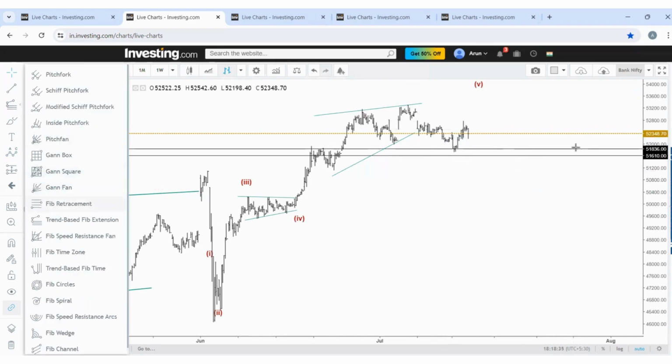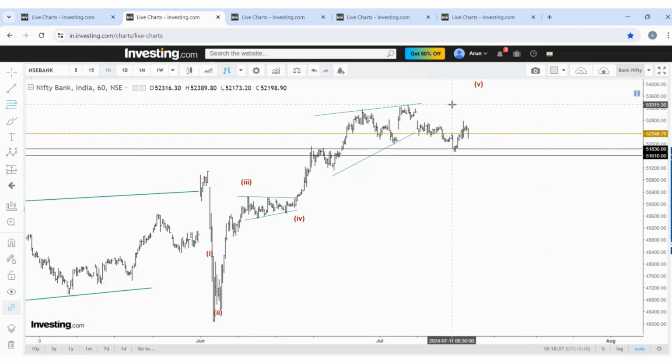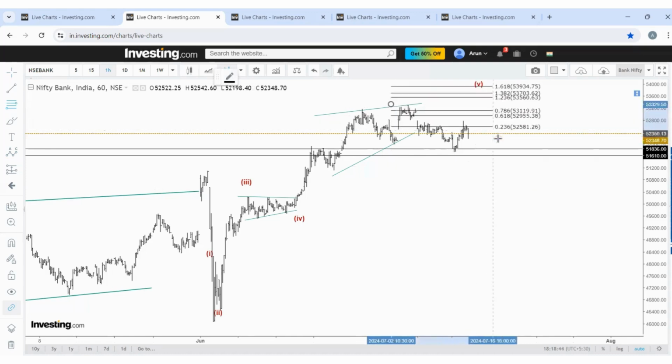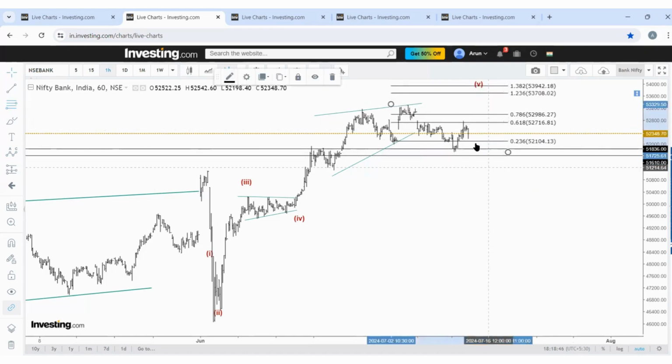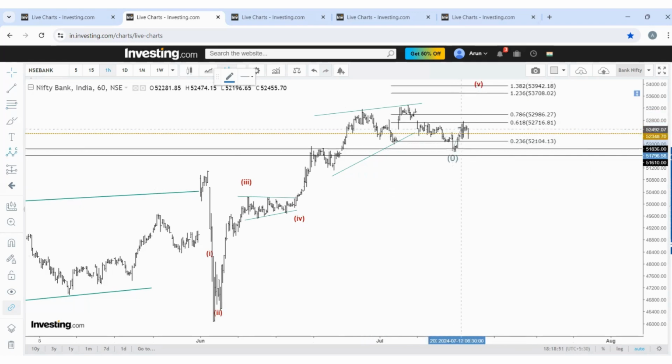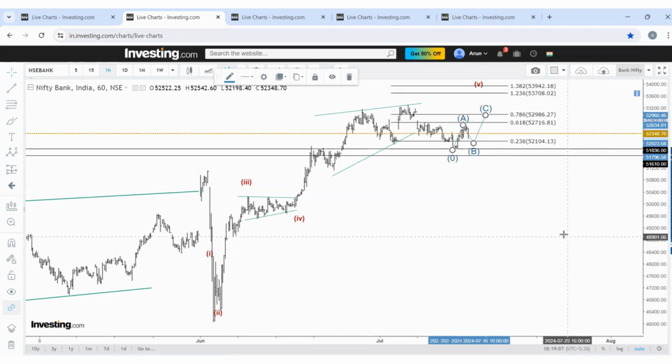You take this as the confirmation for making a new high, but if you see a rejection between 61.8 to 78%, it's already rejecting at 61.8%, and the price rejects around 52,700 and 53,000. If the price rejects at 53,000, there is a higher chance of coming lower. These are the assumptions.